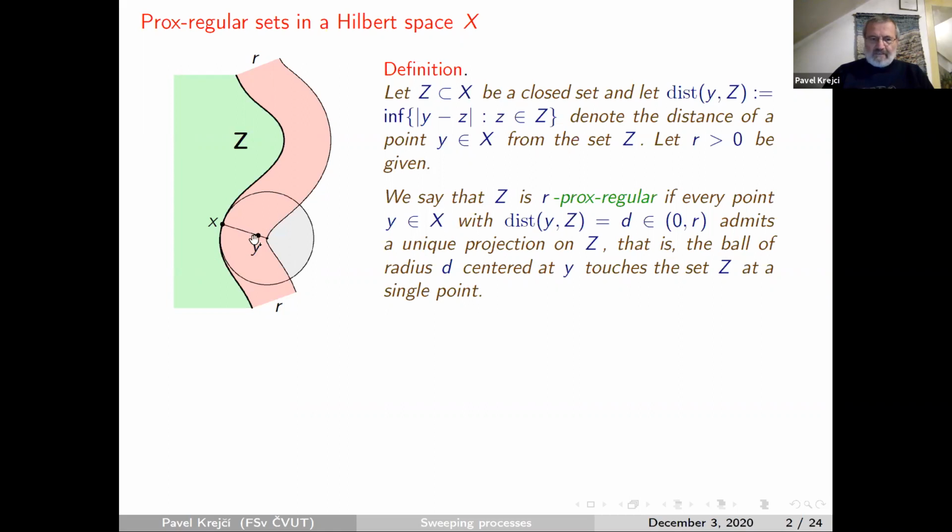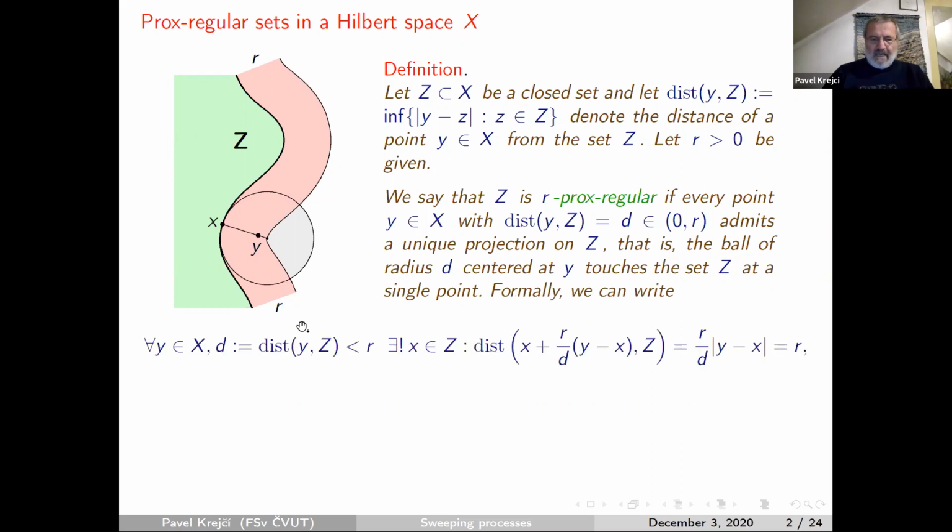So points in the red layer have a unique projection in Z. So I take a point Y in the R neighborhood of Z, and I find a unique point X on the set Z.